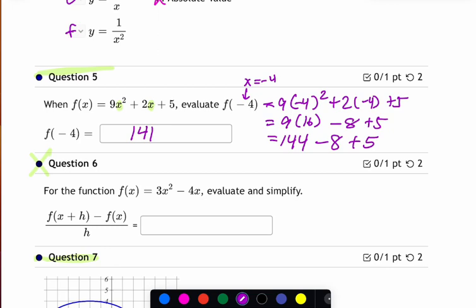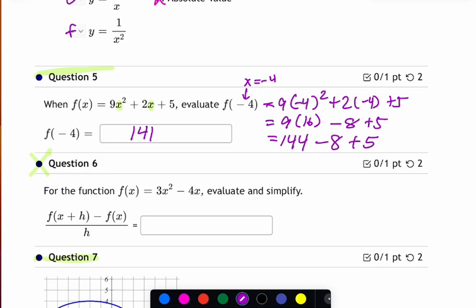And that is the best way to do any type of function input. Remember, you're just inputting -4 and then getting out a value, okay? Are we good with question 5?